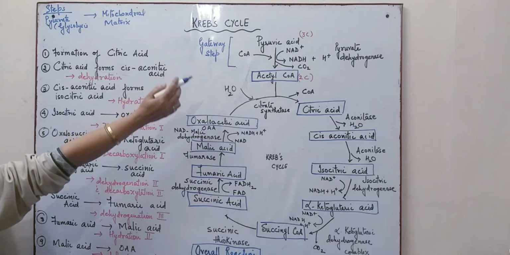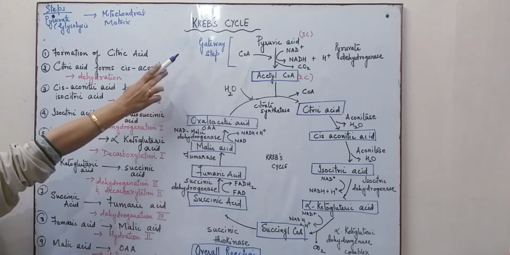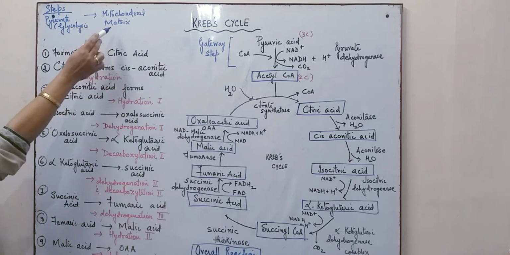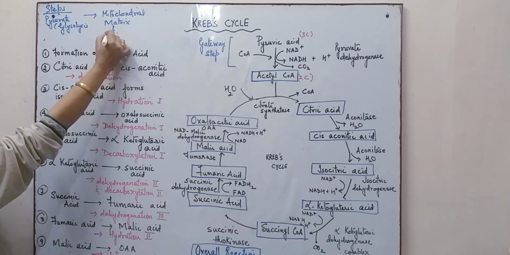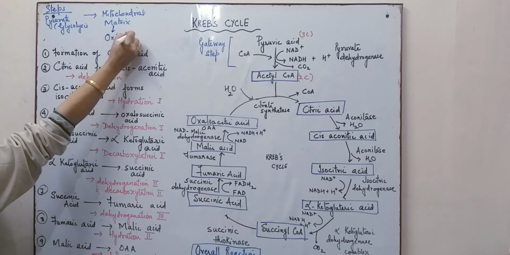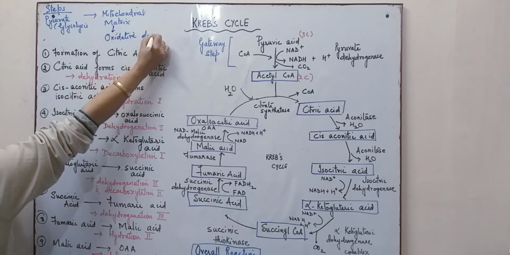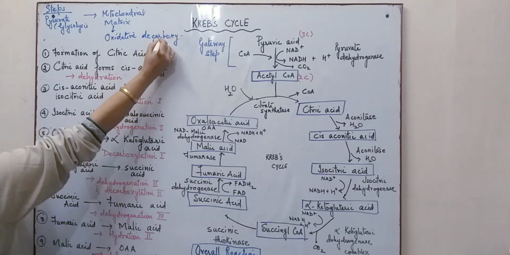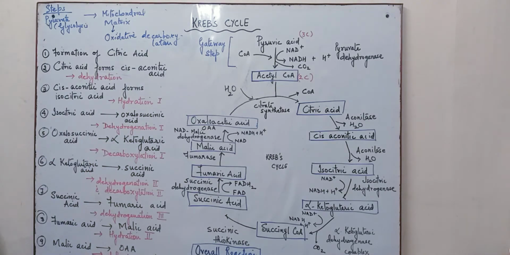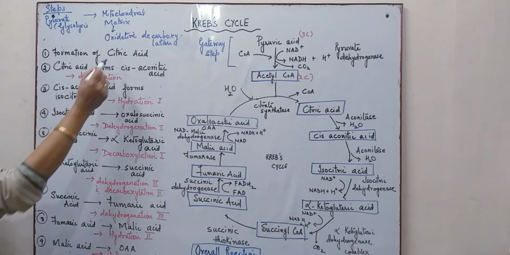Oxidative decarboxylation refers to oxidation reactions in which the carboxylate group is removed and carbon dioxide is formed, using oxygen.